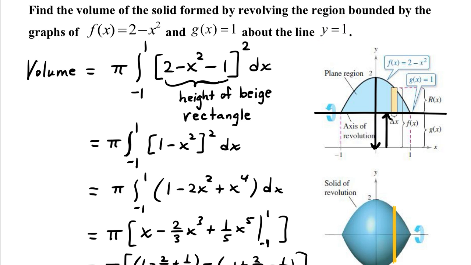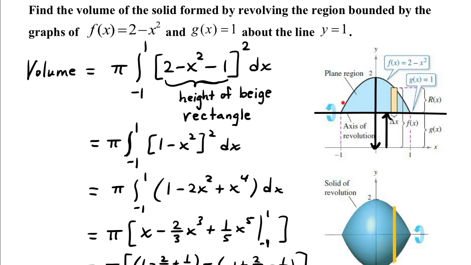So to the right, this arch is the graph of 2 minus x squared minus 1. Notice that this rotational axis is also 1.